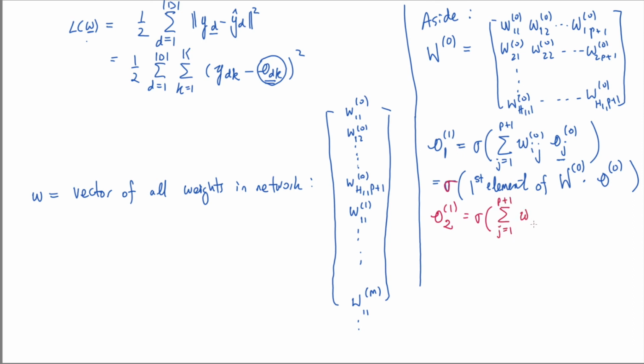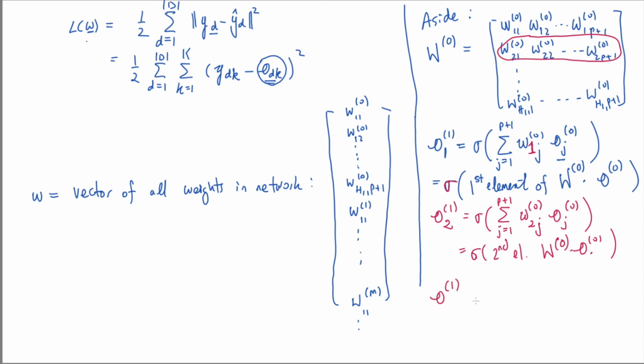Sorry, by the way, this is not Wij, this is W1j, but in this case we have W2j,0 Oj,0. And you can probably guess, it's going to be the second row multiplied by that vector O0. So this is going to be the second element of the matrix product W0 times O0. In other words, the vector O1.